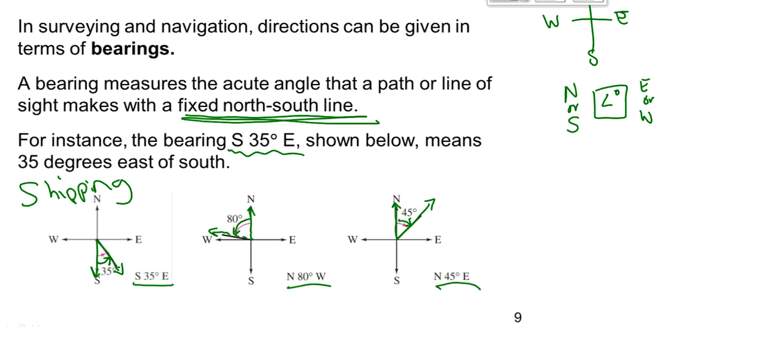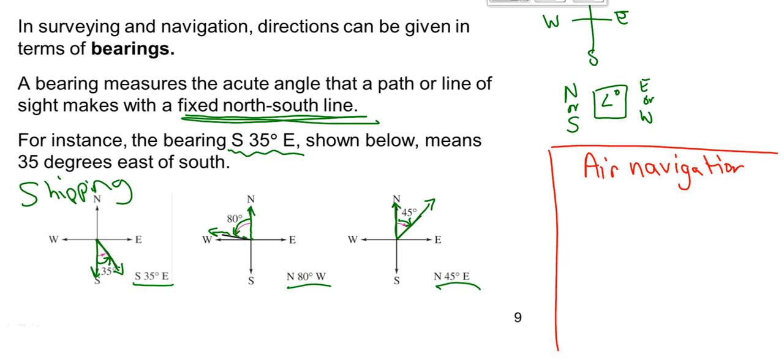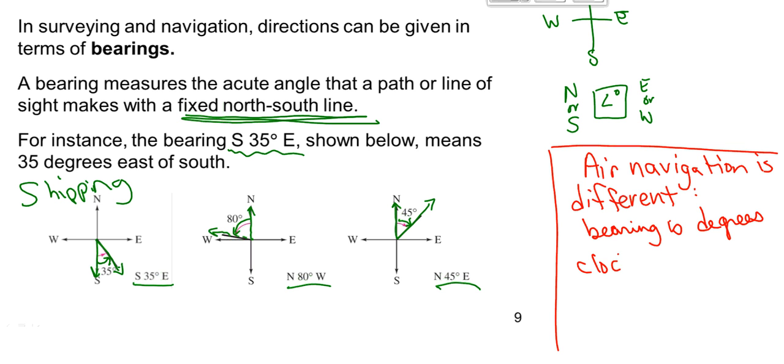The other thing I'm going to make note of, because I don't really remember that they say anything about it on these slides, is air navigation. Air navigation is different. There, the bearing is always the degrees clockwise from north.